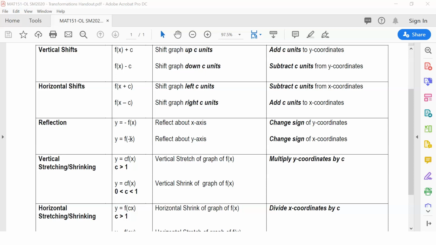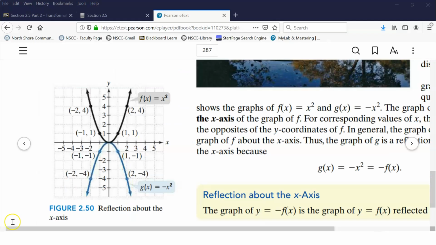So keep that inside-outside pattern in mind as we look at the later transformations in this chapter. With a vertical reflection, we will be changing the sign of the y-coordinates, essentially multiplying the y values by a negative. Conversely, the horizontal reflection, we will change the sign of the x-coordinates, or multiply them by a negative.